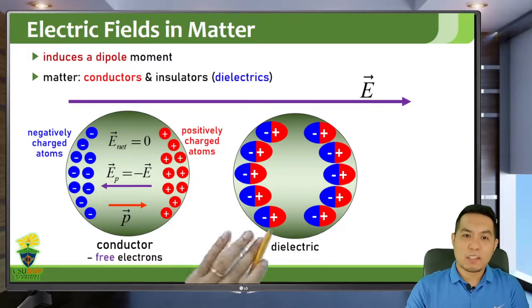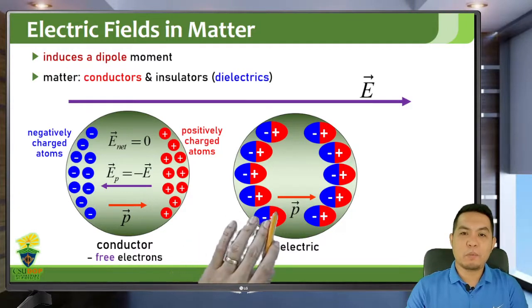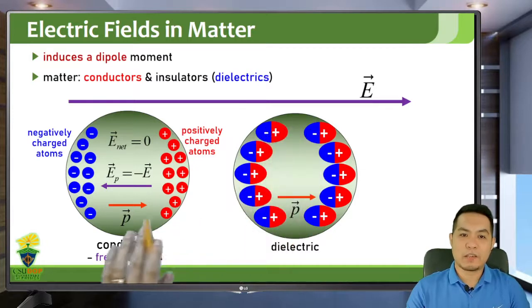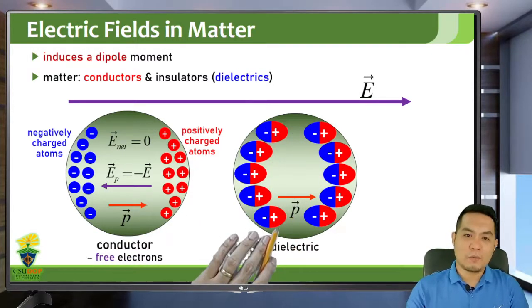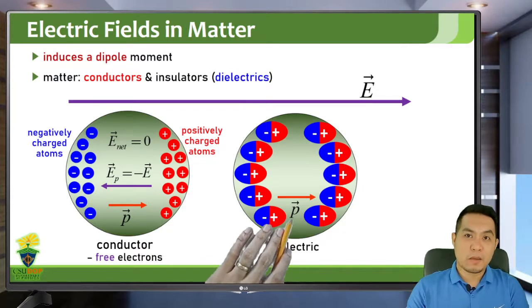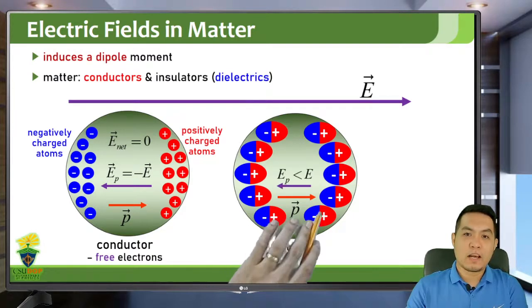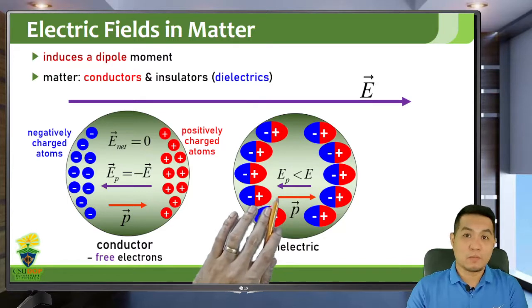So in a dielectric, we will assume that there will be an induced dipole, which is, again similar to the conductors, in the same direction as the external field, and due to this induced dipole moment, we'll have an induced internal electric field.